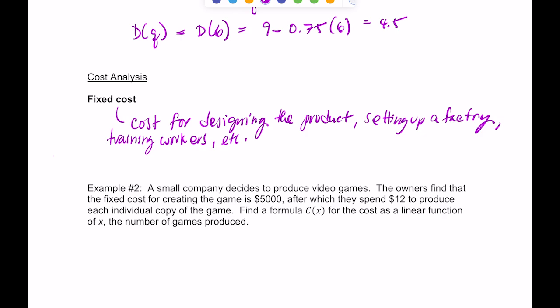So what's important to remember here is this equation: fixed costs plus cost per item equals the cost of manufacturing the item.